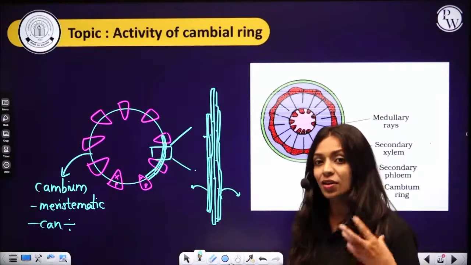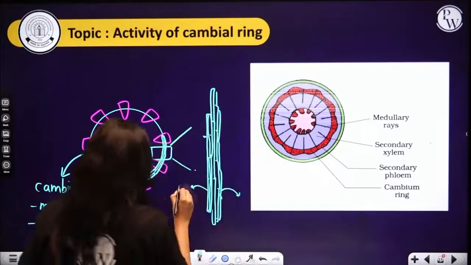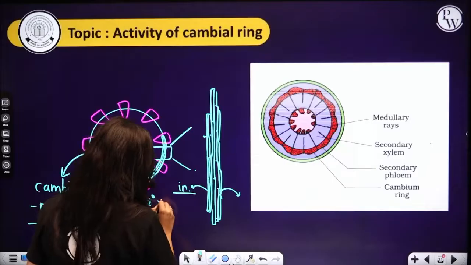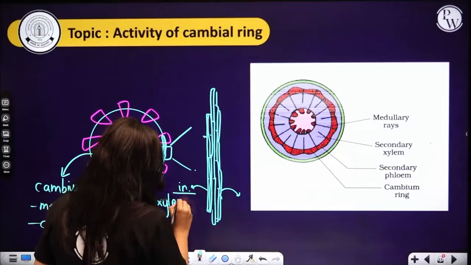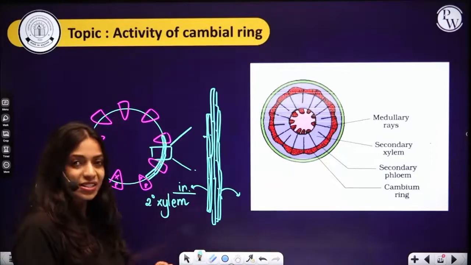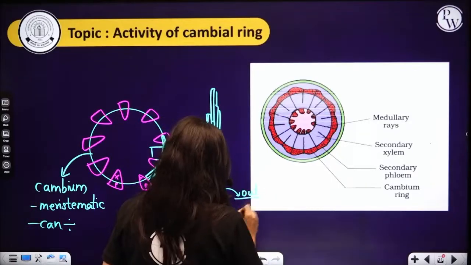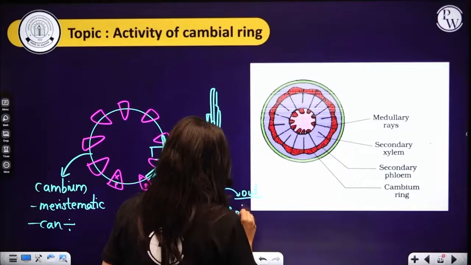Whatever cells it cuts off towards the inside will form secondary xylem. Whatever cells it cuts off towards the outside will form secondary phloem.